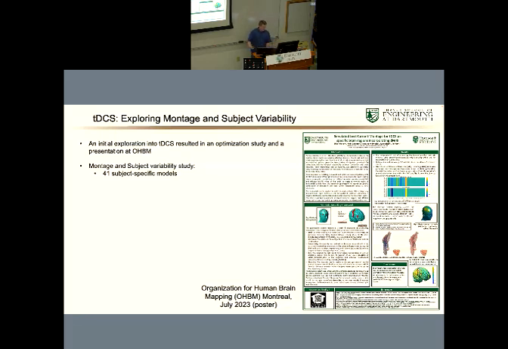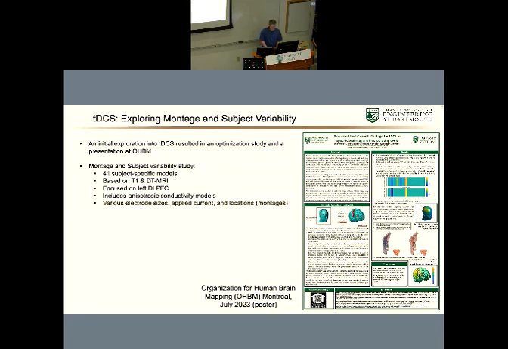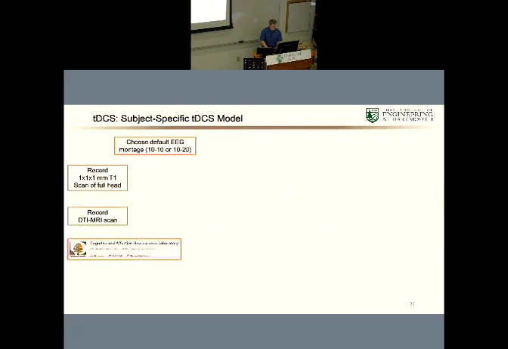So I just have a whole bunch of models based on real people. It's using the T1 and DTI scans, and we're focused on the DLPFCs. It includes anisotropic connectivity models and various electrode sizes and applied current montages. So we're just building up our understanding of tDCS at this point.